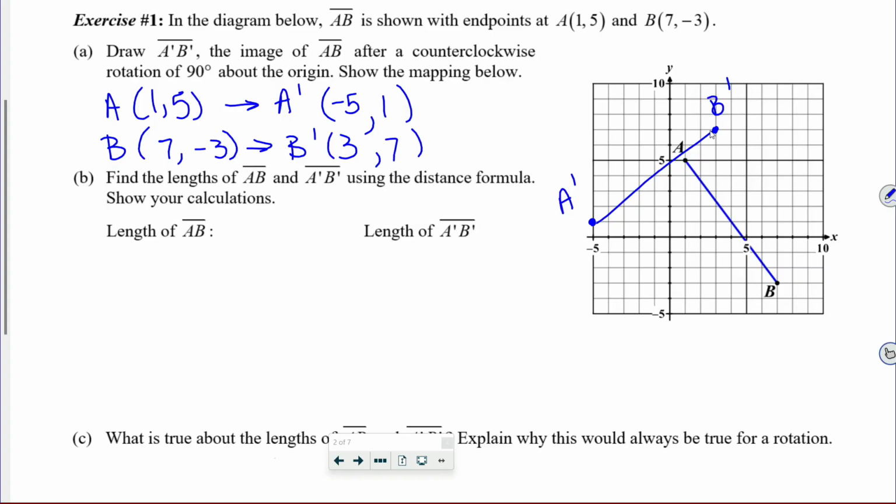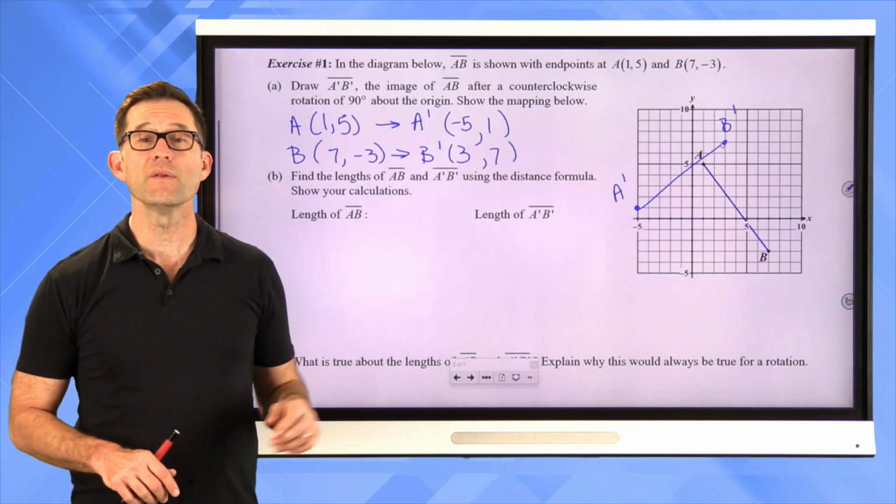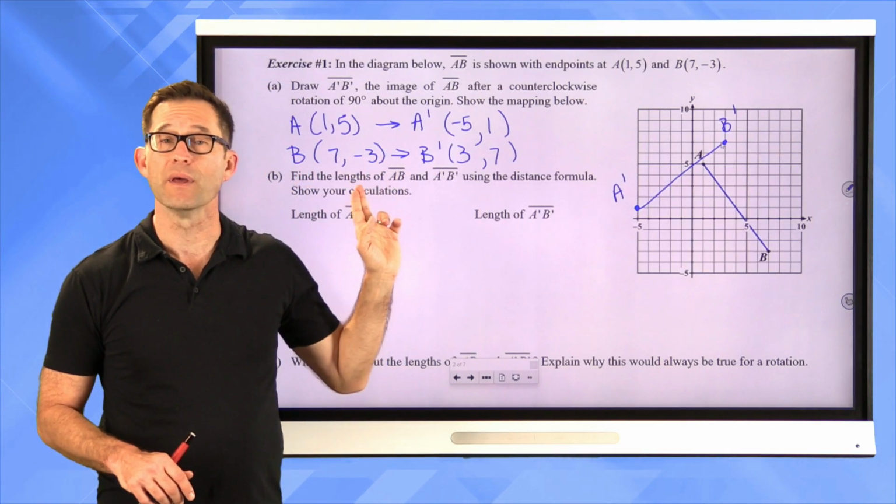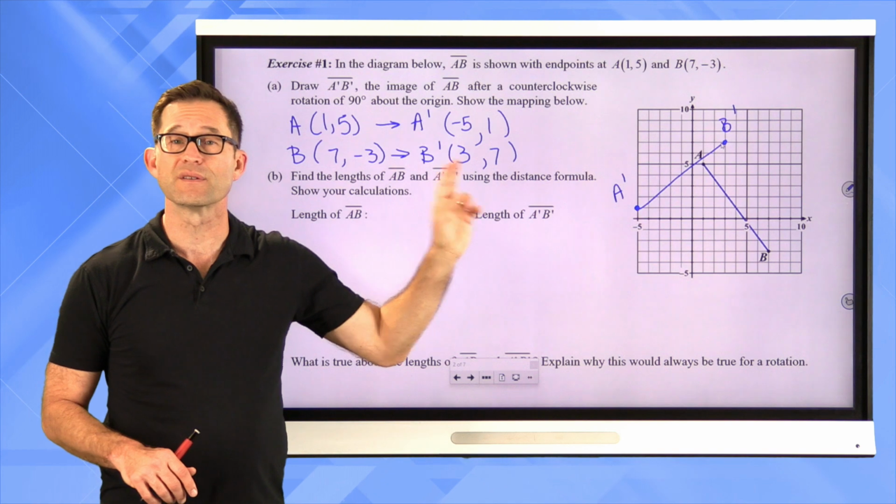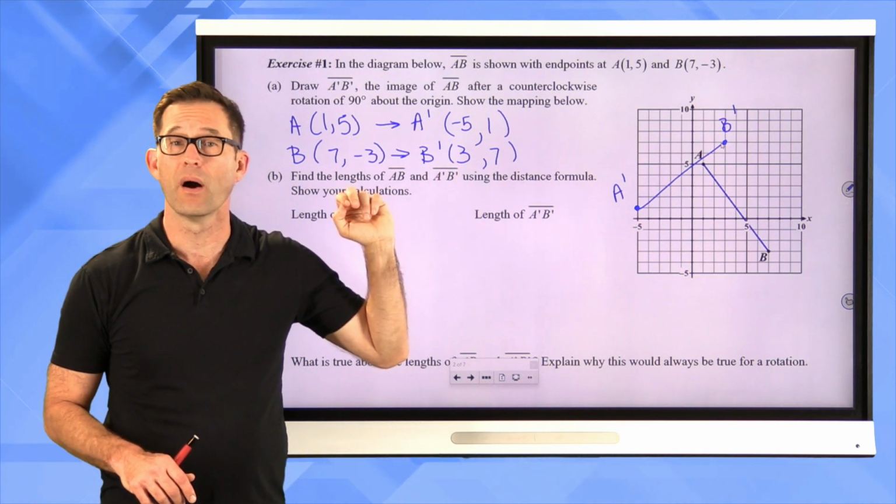Okay? Let's take a look at letter B. Find the lengths of AB and segment A'B' using the distance formula. Show your calculations. All right, well, let's do the distance formula for segment AB, and then I'll have you do the distance formula for segment A'B' on your own.